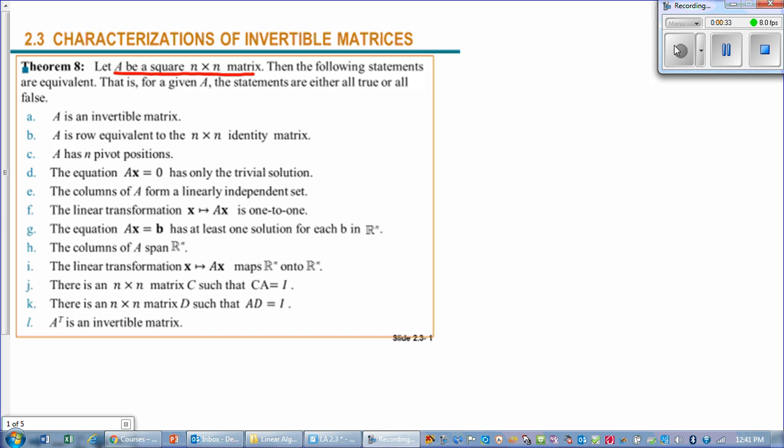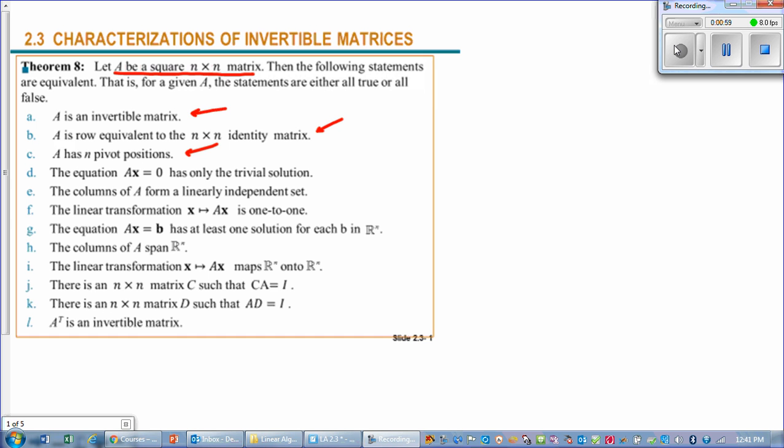Now, we've gone through this information in smaller pieces previously. For instance, A being invertible. If A is an invertible matrix, then we now know from what we just did in the last section that A is row equivalent to the identity matrix of the same size. We also saw in the previous chapter that A would have n pivot positions.